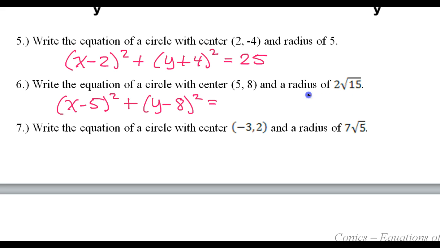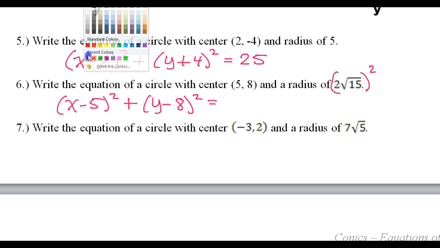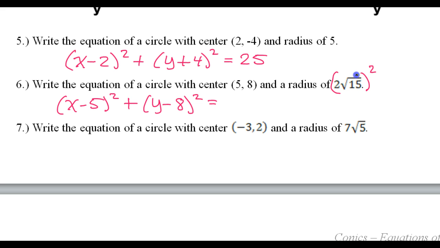Alright, so I just need to slow down when I do the radius squared here. So the only question is, how do I square this thing? Well, if I wanted to do it by hand, I would just go, 2 squared is 4. Radical 15 squared is 15. So it's just a matter of what's 4 times 15. Alright, well, 2 times 15 is 30.